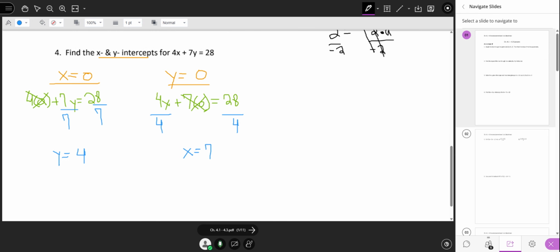Now, on this one, your ordered pair, x is 0, y is 4. On this one, your y is 0, and it tells you that the x is 7.